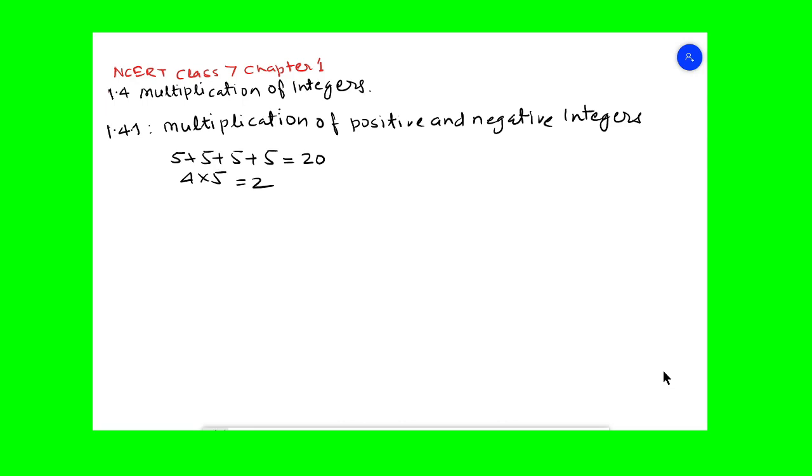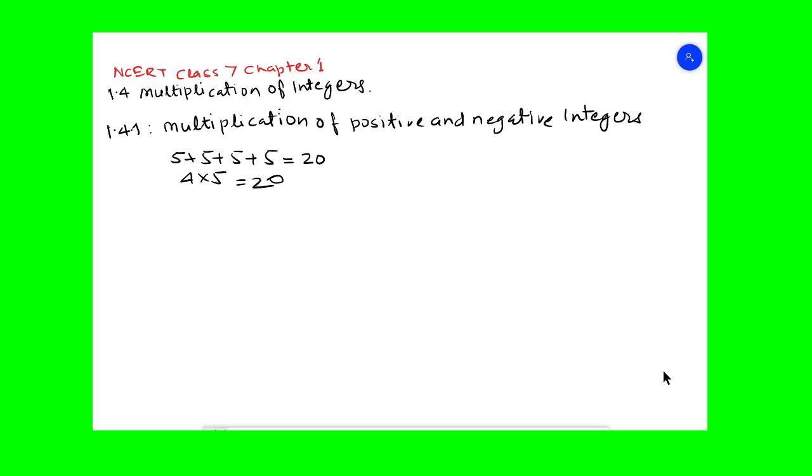So we see that 5 plus 5 plus 5 plus 5 equals 20, and if we multiply 4 by 5, equal to 20, we see that there are 4 fives, and hence we put 4 and multiply by 5. So this gives us 5 multiplied by 4 equal to 20. So multiplication is nothing else but repeated addition.